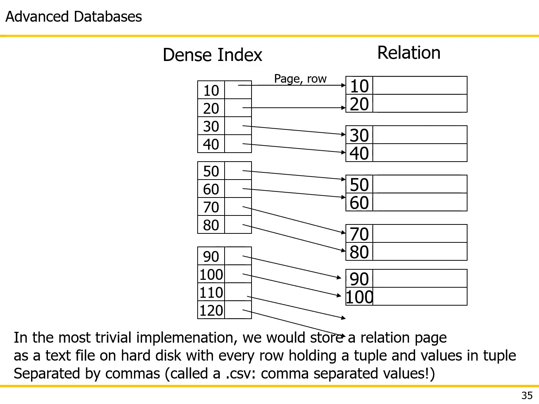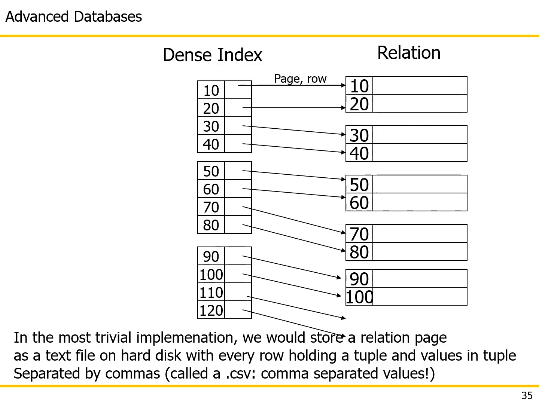Now, believe it or not, historically, the first implementations of databases were all comma-separated values files. Comma-separated value is basically having a row, a tuple, stored in a row in a file that is made of text, and the values are separated by commas. That's why it's called comma-separated values.